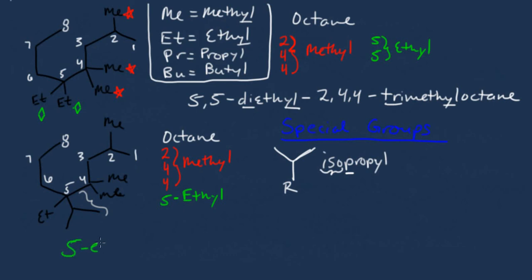So we have our 5-ethyl, followed by our methyl groups, which are the 2,4,4-trimethyl, and then our other group is the isopropyl, which is on the 5. So we have 5-isopropyl followed by our parent chain, which is octane.